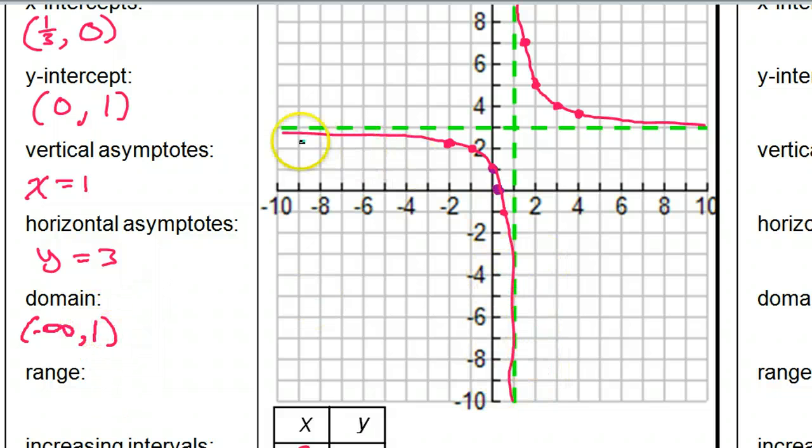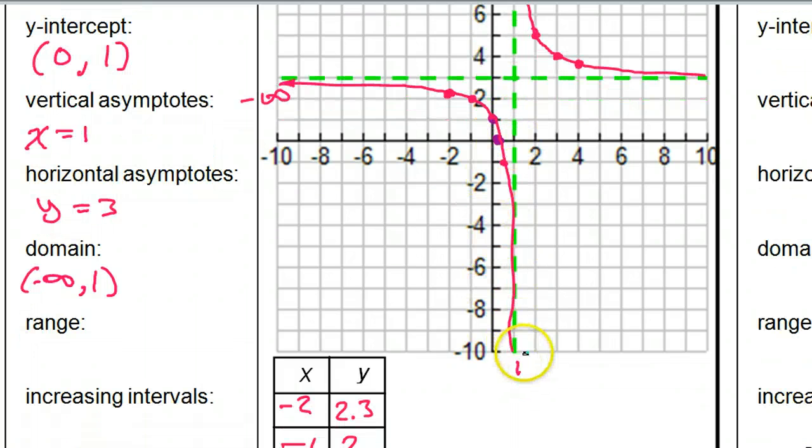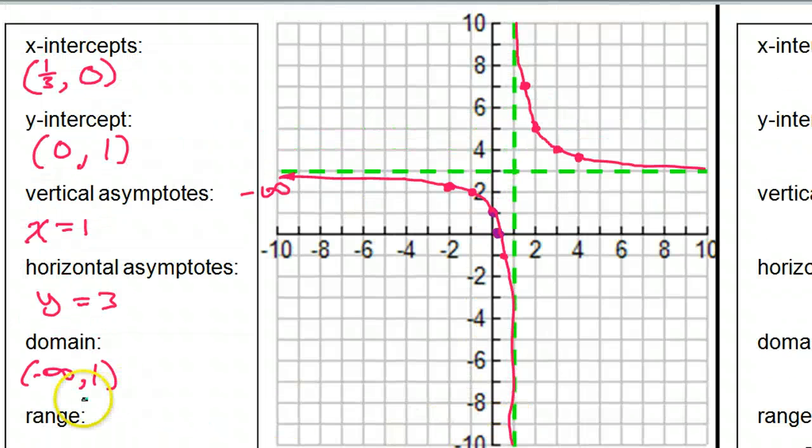You might have thought -infinity to -infinity because this goes down forever, but we're only interested in x values. So x value wise, this arrow right here is -infinity, and x value wise, this is at 1, because this is the asymptote. Now the rest of the domain, so union, and we pick up right from here after 1. So I put 1 to positive infinity.